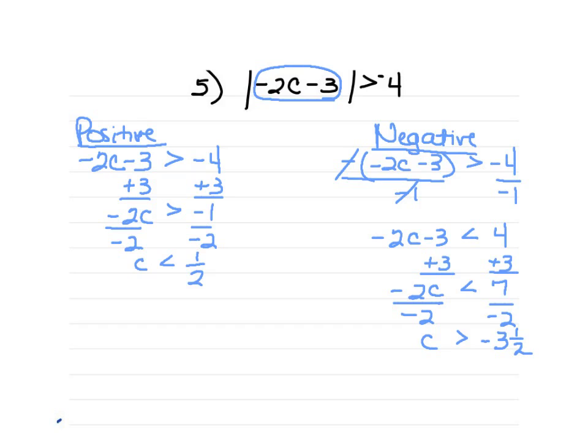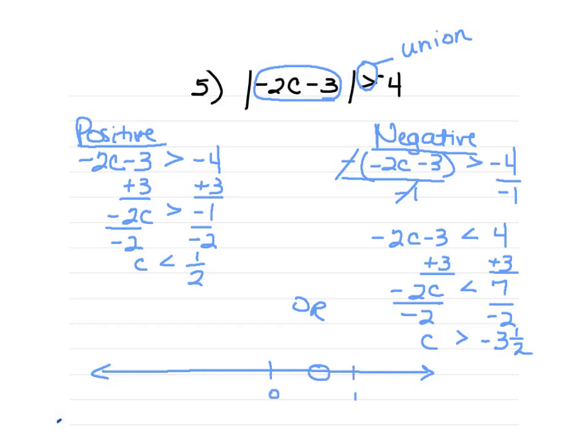Okay, since this is a greater than inequality, we know it's going to be a union. We're going to combine the graphs of these two. Okay, it's an or. All right, so let's look at this graph because I'm looking at these numbers and I can tell what's going to happen. So let's say this is 0. This is positive 1, so this will be 1/2. We have an open circle there.